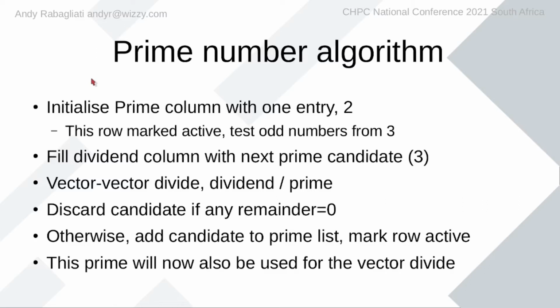And I'm looking to see if there are any remainders which equal 0, which means there is an exact division of one of the primes into this number, which of course will disqualify it as a prime number. So if I find on my candidate that there is no remainder of 0, then I go through the process of adding this candidate to my list of primes, and then this candidate will be used in the vector divide for the next number.